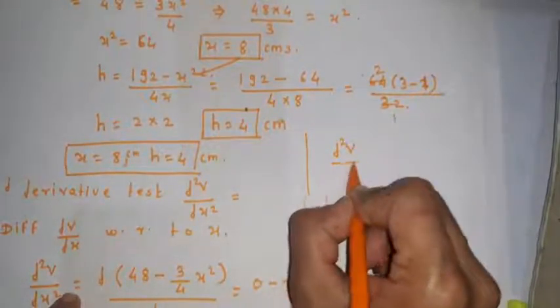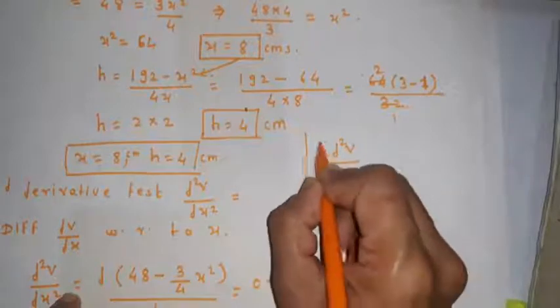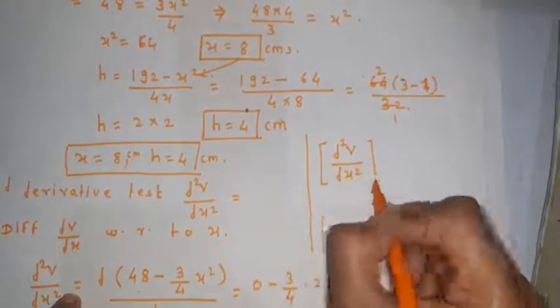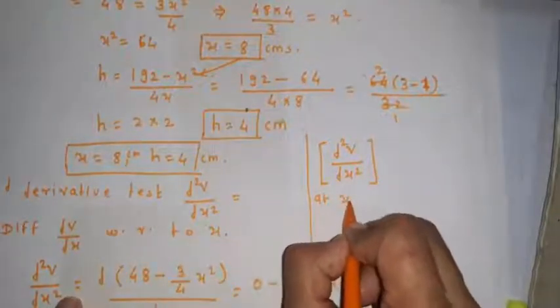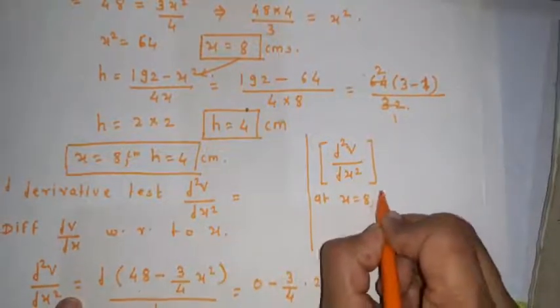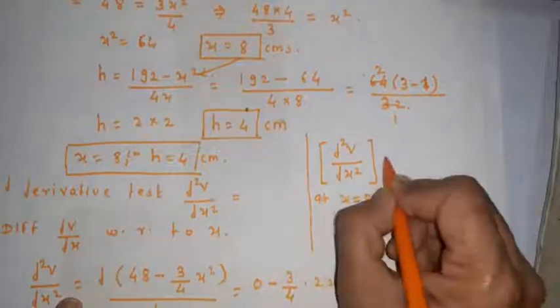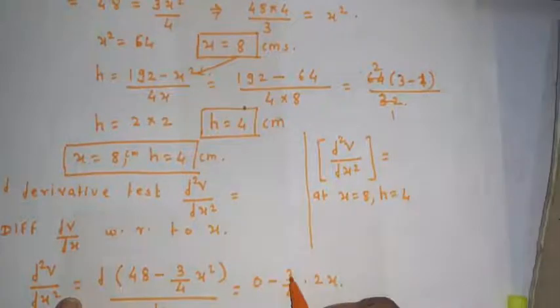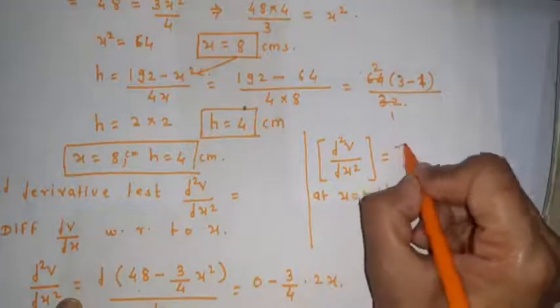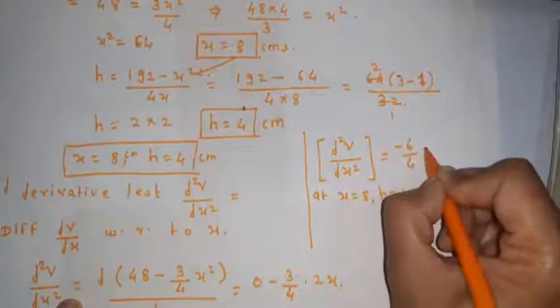d2 square v by dx square at x equal to 8 and h equal to 4 we will get minus 3 into 2, that is minus 6 upon 4x.